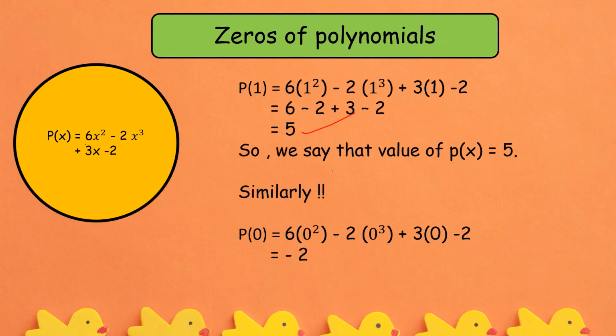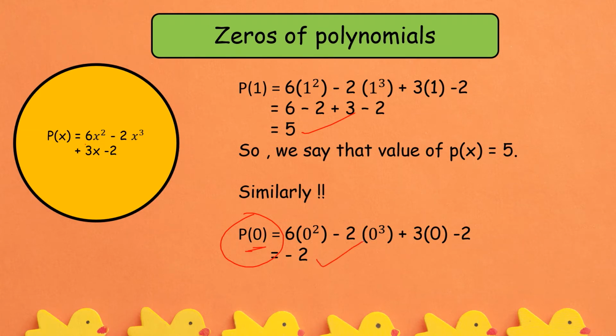So we can say that the value of p of x is 5 when x is equal to 1. Similarly, if we consider the value of x as 0, then substituting 0 in the equation, you will get minus 2.